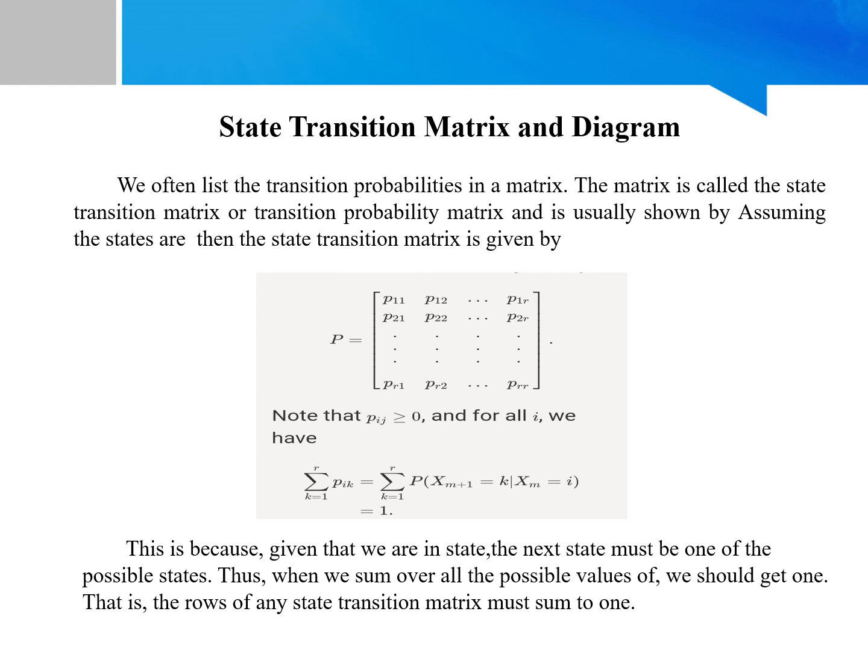This is because, given that we are in a state, the next state must be one of the possible states. Thus, if we sum over all the possible probabilities in a row, we should get 1. That is, the row of any state transition must sum to 1.